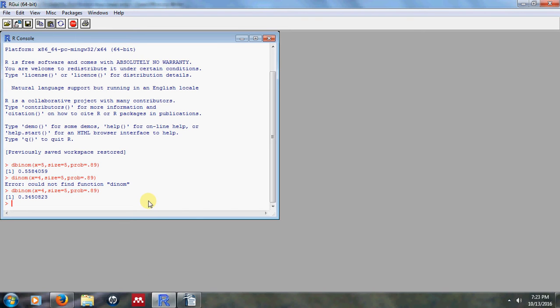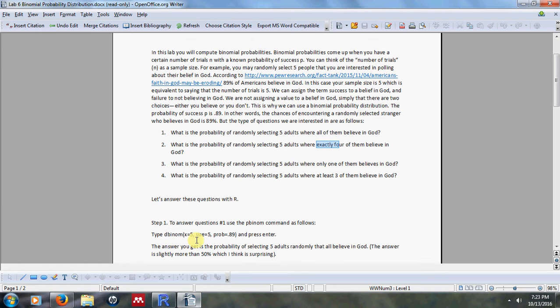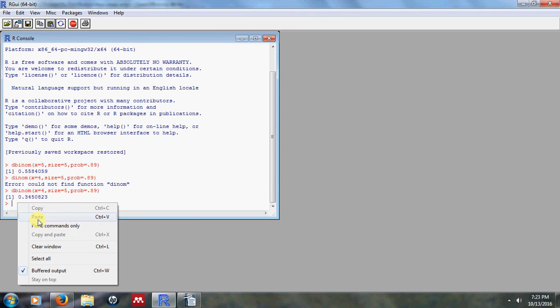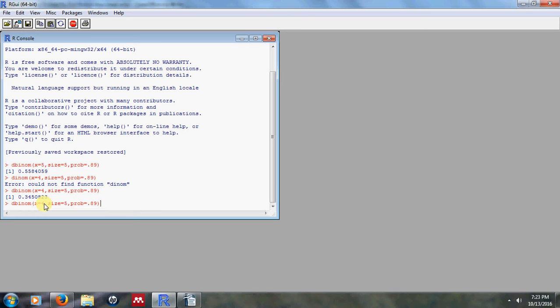And the last, there's a couple more. What's the probability of randomly selecting 5 adults where only 1 of them believes in God? And just to make things a little more quick here, I'm just going to go ahead and copy the whole thing. And so our sample size is the same. The only thing that changes is the number of people that we are going to have that believe in God.